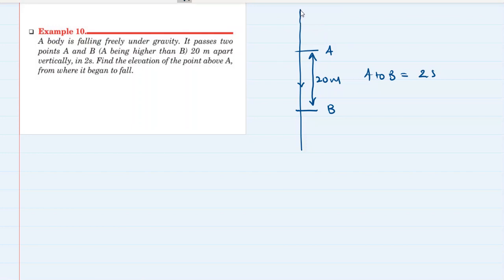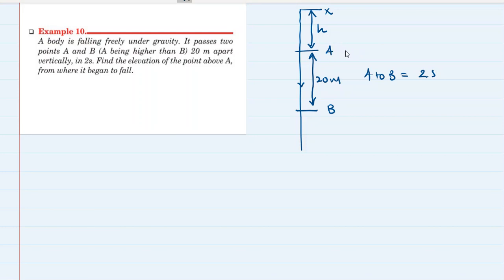So let the body start falling from point, let's say, X. And the distance it covered, let this distance be h. So after it covers h distance, to cover 20 meter it takes 2 seconds.